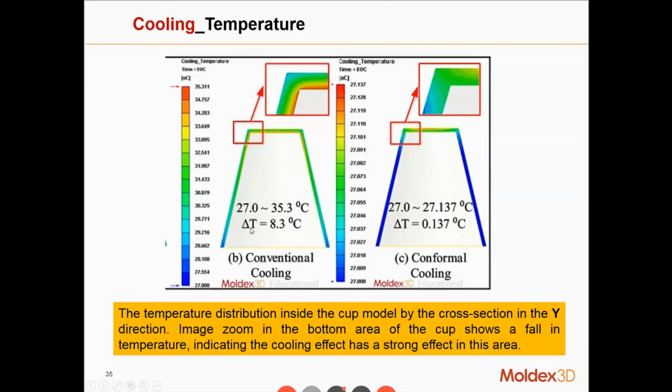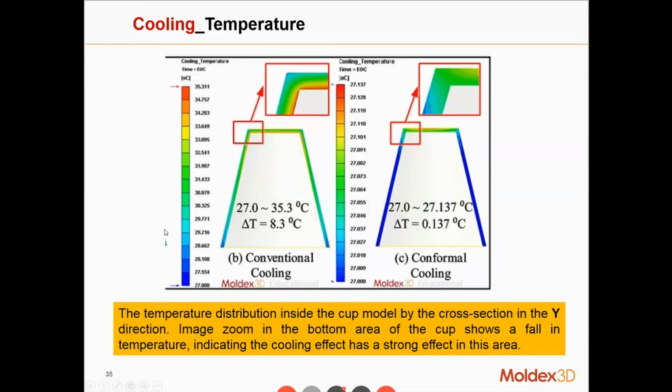Now let's take a look at their simulation result. With conventional cooling, the whole temperature distribution shows a range of 8.3 degrees Celsius difference. With conformal cooling, we only have 0.173.